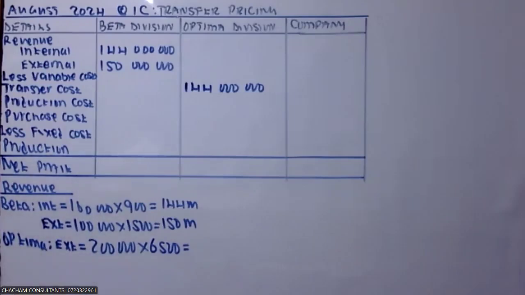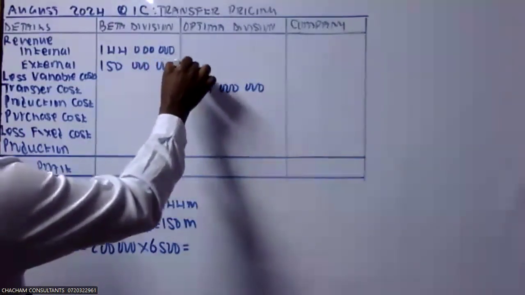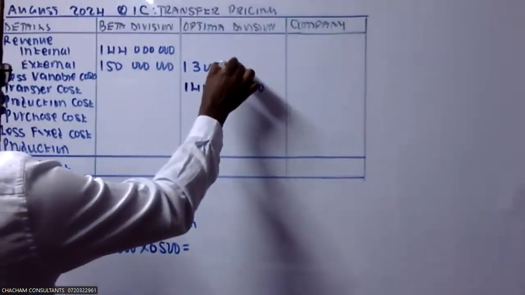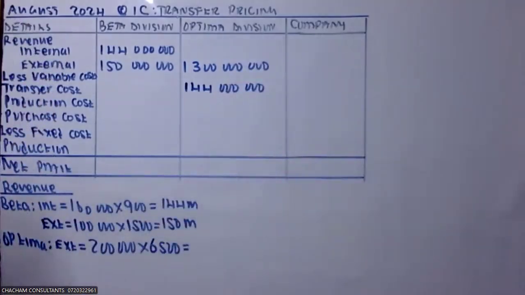So you will see 200,000 times 6,500. You get 1,300,000,000. Yes, so that is the one that they are getting.